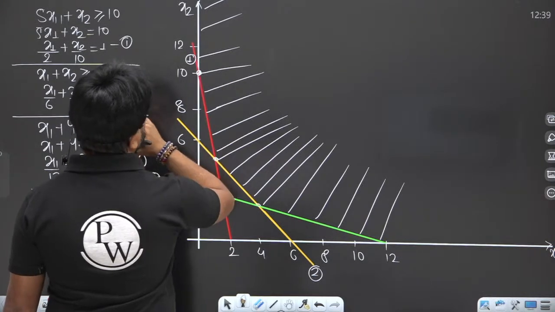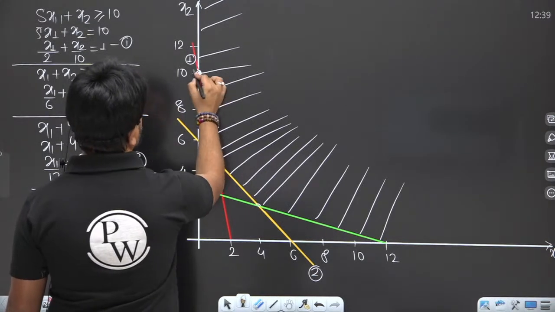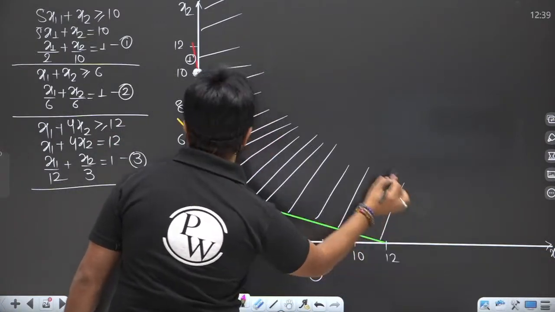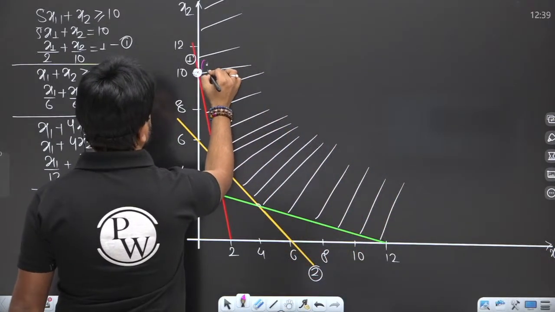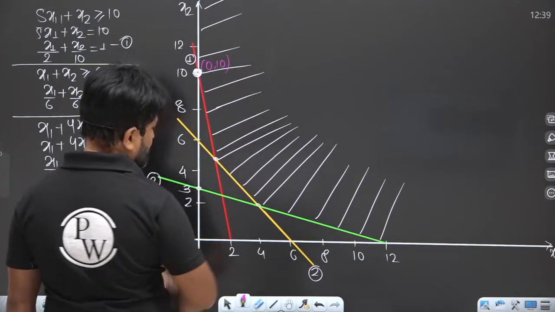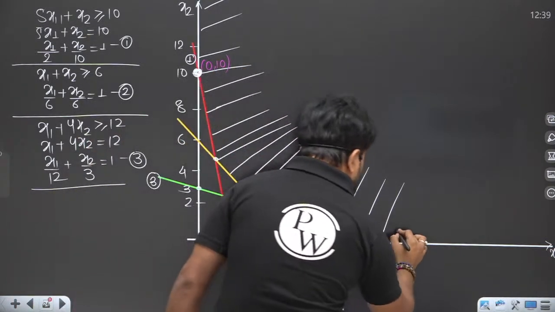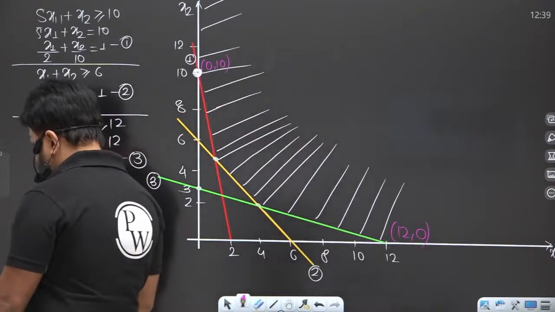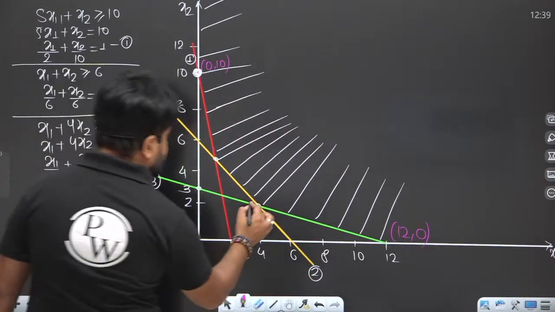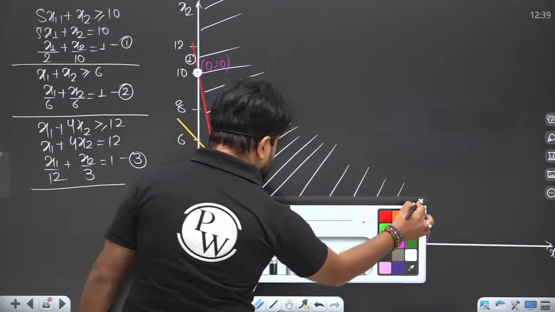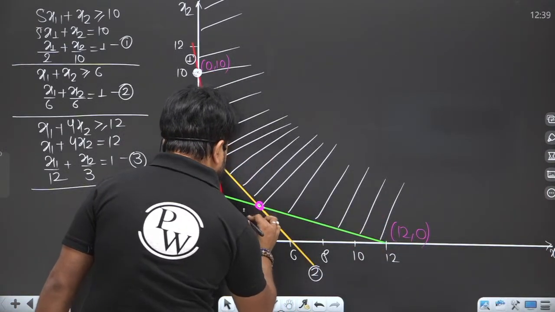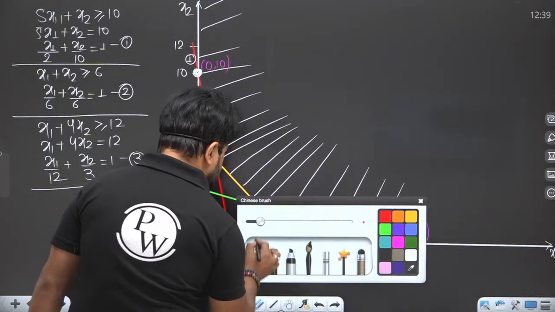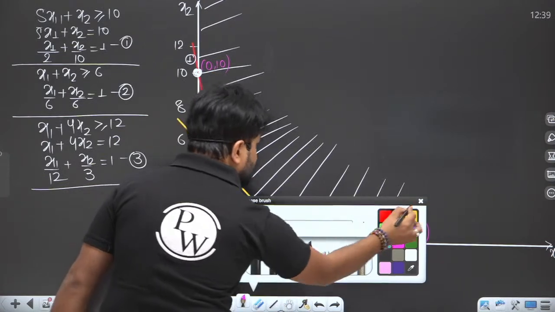So the corner points are what? This is a corner point, right? The corner points are 0 comma 10 and 12 comma 0, right? And if you do the calculation, then you will get 4 comma 2. When you solve equations 3 and 2, you get 4 comma 2.